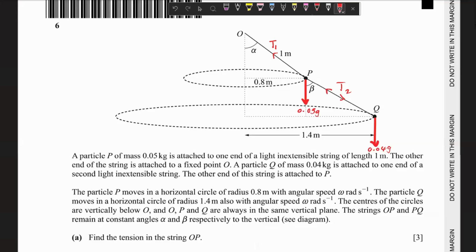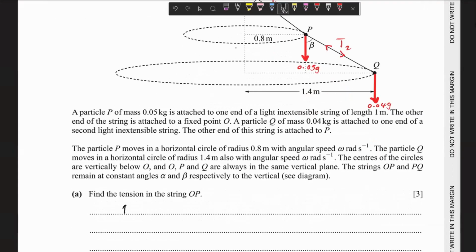So to help us find the tension in the string OP, we're going to resolve the forces because vertically, we know that we are experiencing equilibrium.